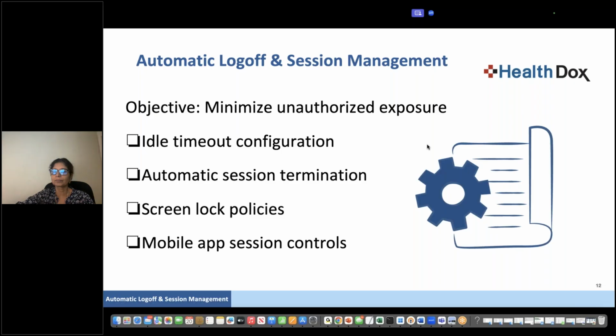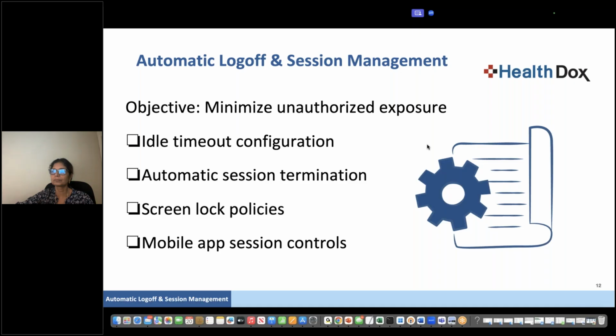Otherwise, just imagine a nurse leaves the workstation open in a busy ward. Imagine what could happen, right? Without an auto log off feature, the ePHI will definitely be exposed. To mitigate this risk, the effective safeguard and control is automatic log off.